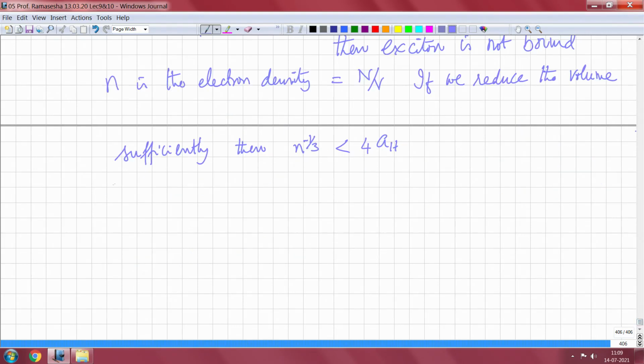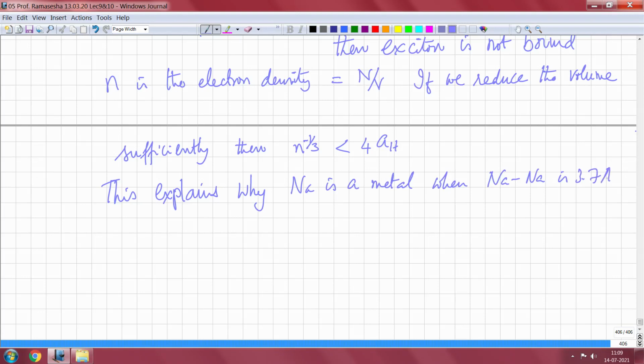So, we see that this explains why sodium is a metal when sodium distance is 3.7 angstroms, but cannot be a metal at much larger internuclear distances, at much larger sodium distance.